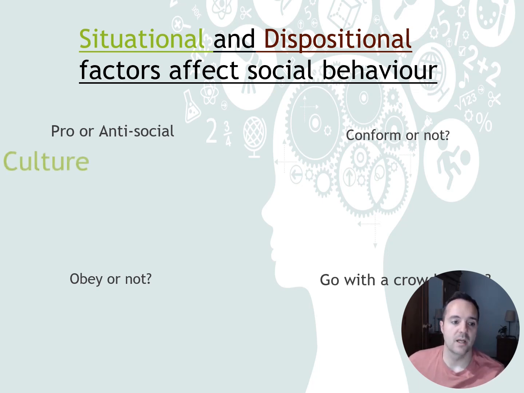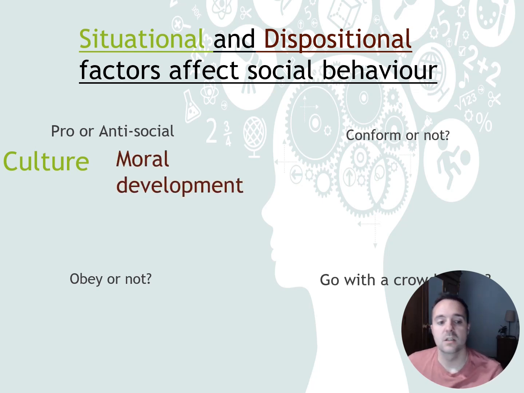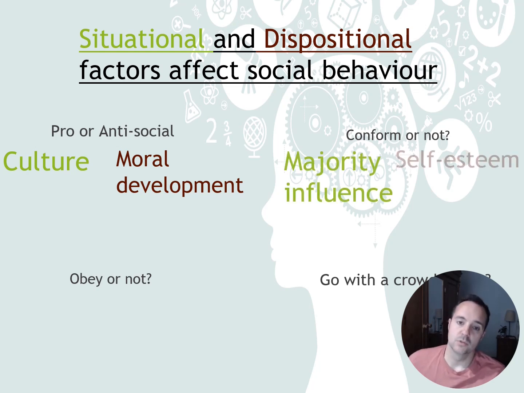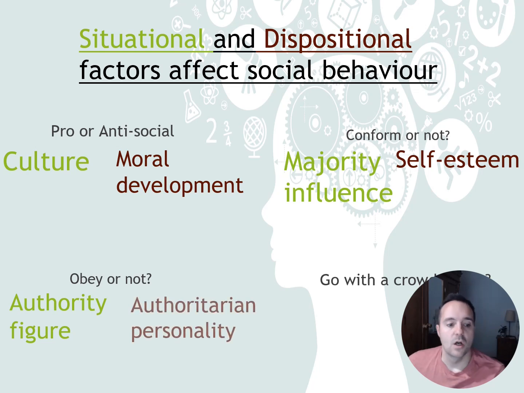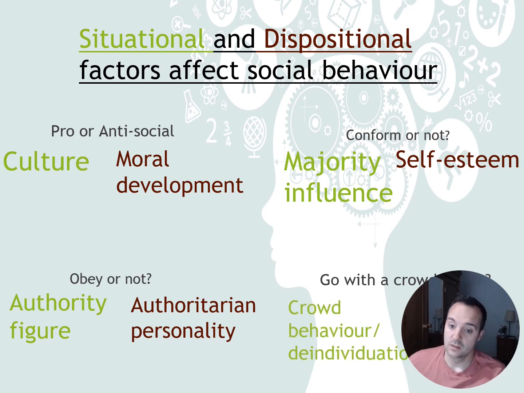Pro or antisocial behaviour is caused by your culture from the situational factors and your moral development from disposition. Conformity, majority influence or self-esteem. Obedience, authority figures or authoritarian personality. And whether you go with a crowd or collective behaviour is de-individuation, or, conveniently hidden by my face, is it your locus of control? That was a test of my memory there.